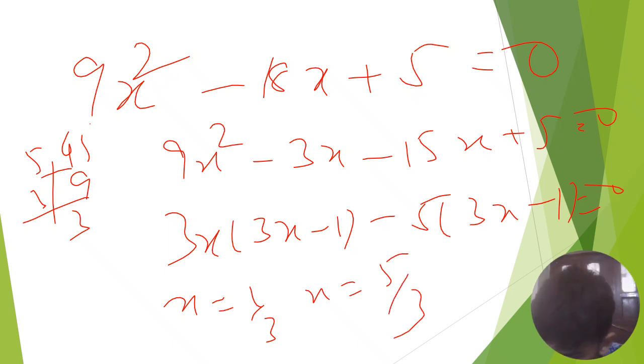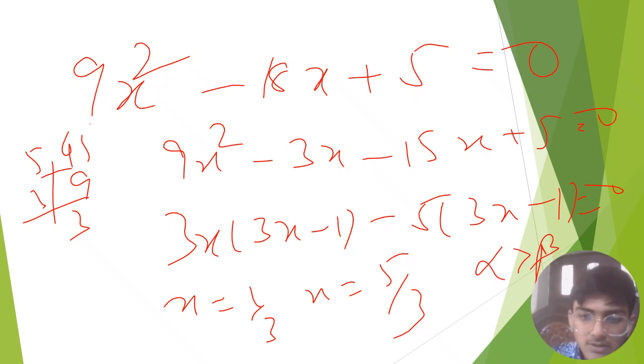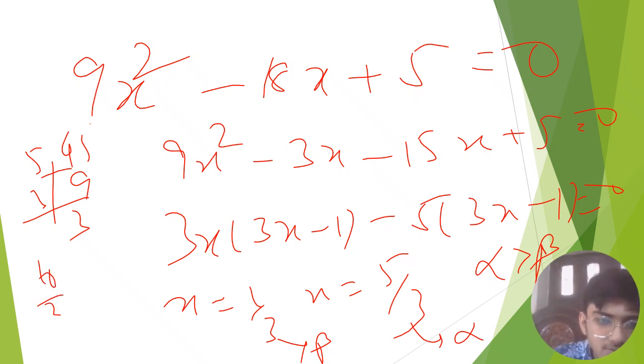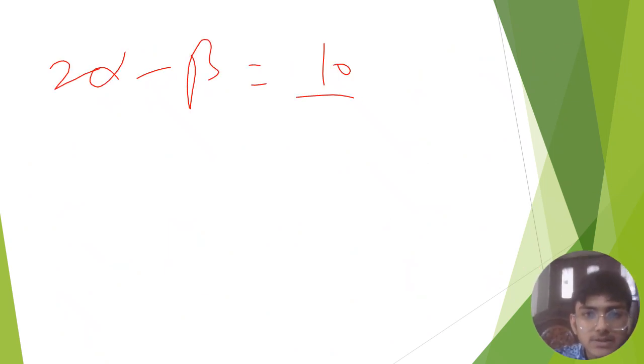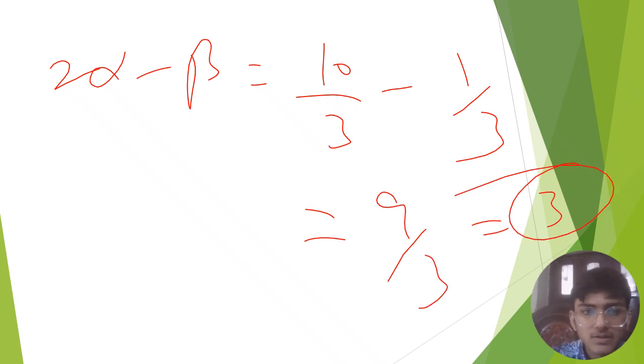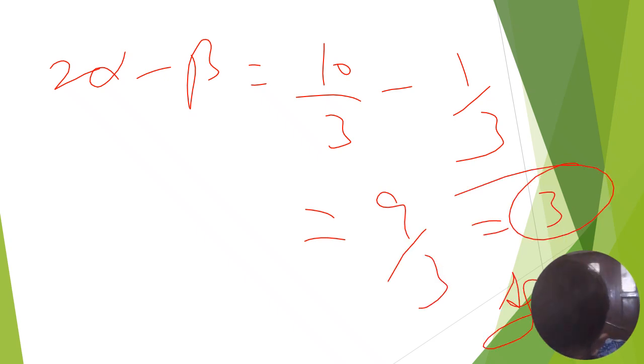One more condition is given, that alpha is greater than beta, so alpha is 5 by 3 and beta is 1 by 3. So 2 alpha is 10 by 3, and 2 alpha minus beta will be 10 by 3 minus 1 by 3, that is 9 by 3, which is 3. So your answer will come as 3.